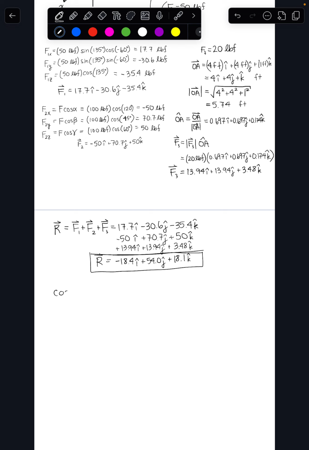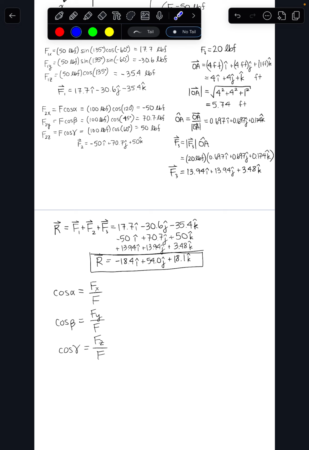Cosine of alpha is equal to Fx over F. Cosine beta is Fy over F. And cosine gamma is Fz over F. So all this means is that we take the x component of our vector, divide it by the magnitude, and that's going to be equal to cosine alpha. The y component divided by magnitude is cosine beta, and z component divided by magnitude is cosine gamma.